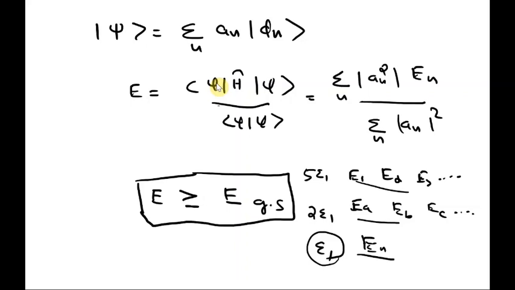Because whatever energy I get is obviously greater than the ground state, but at this point I have the least value for that energy, and that is close to my ground state energy. So this is the way we do our analysis. We find this quantity and minimize it, and whichever gives the minimum value of energy is close to the ground state energy that we are interested in.